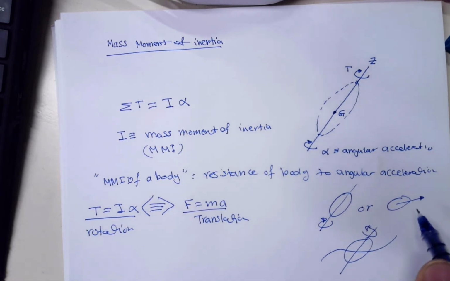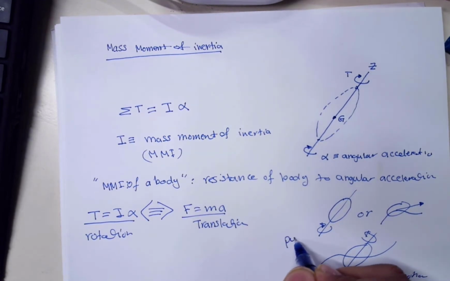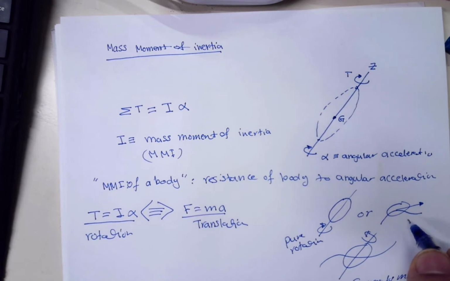And that could be in the form of linear, curvilinear, or general motion. This is general motion. This is pure rotation. This is curvilinear, which is a kind of translation motion.